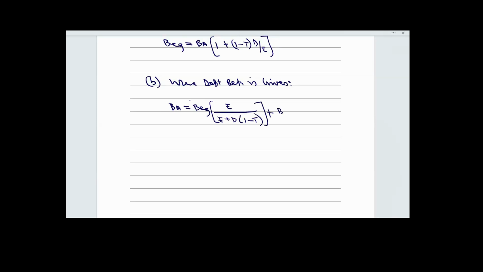That is the formula you are expected to use to regear where debt beta is given to you.